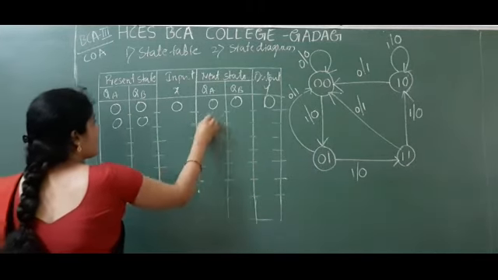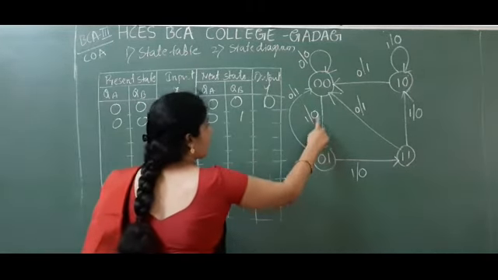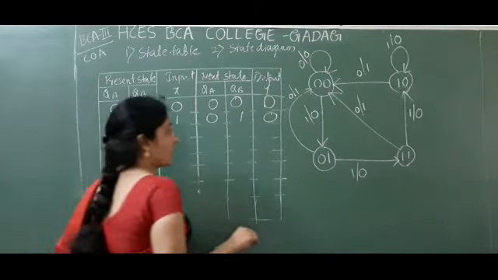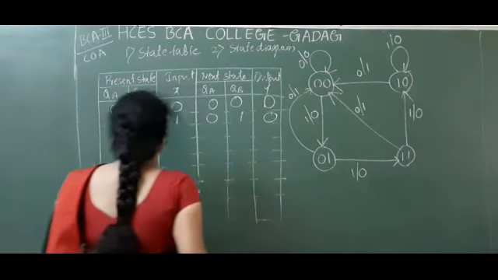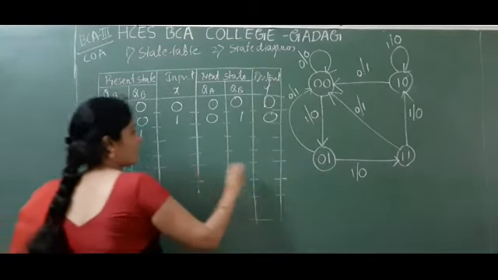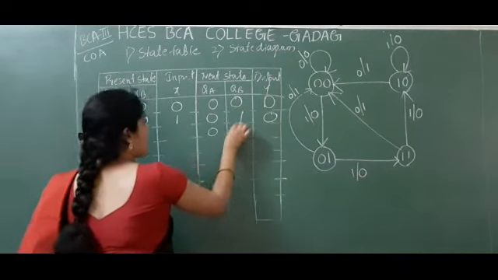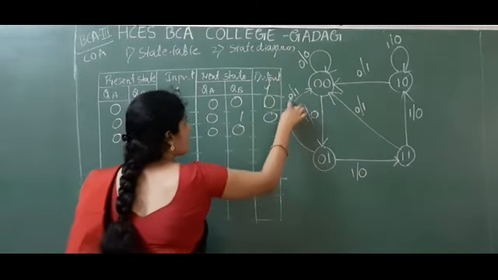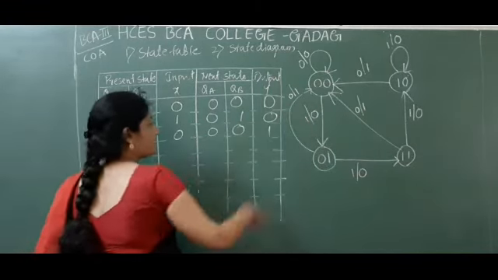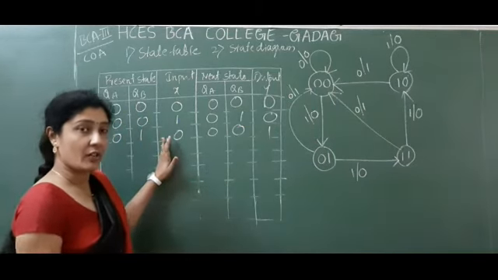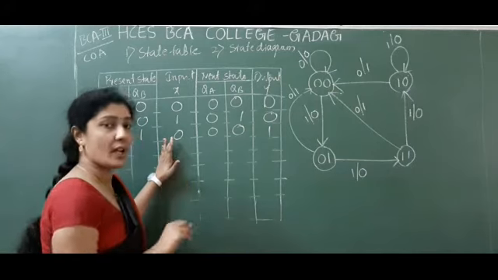Input 1, output 0. Okay. Next. Coming to this, 0 1. 0 1 to where? 0 0. Input 0, output 1. So this is how we can write the state table when we have the state diagram.